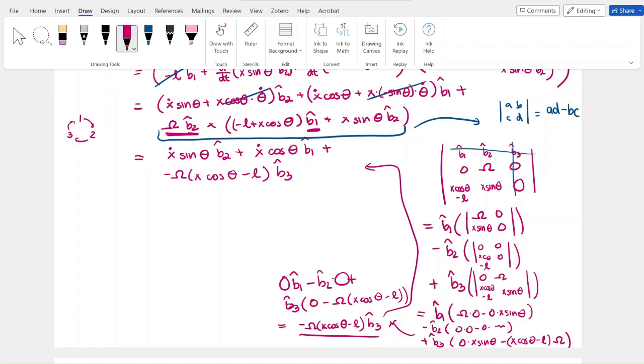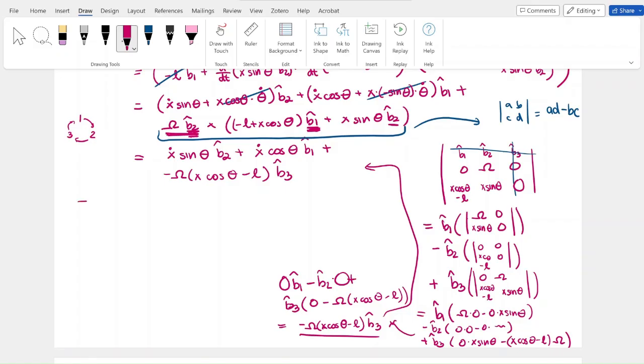It's just a sign that is sometimes tricky to figure out. And also if you have a B2 cross a B2, or a B1 cross B1, B3 cross B3, that would always equal 0. So that's another way you can verify that you should end up with only a B3 term, because you have a B2 cross with a B1 and then a B2 cross with a B2, which would give you 0. So the B2 cross B1 is going to give you the non-zero B3 term. If all else fails, try the determinant method because it's pretty straightforward once you learn determinants.